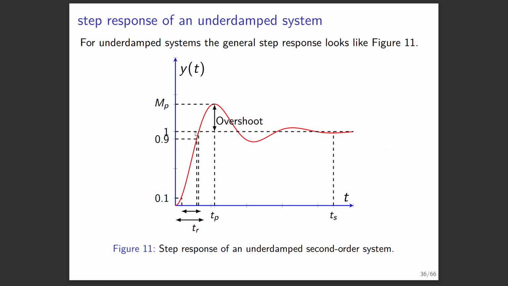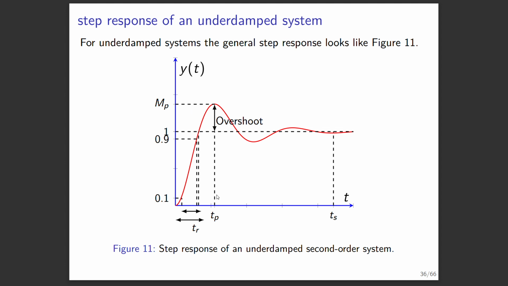Overshoot is the amount that you pass your final value or the desired value before coming back and then settling around it. I wanted to start from 0 and go to 1, but the problem is that I actually pass 1 and go up to MP and then come down. So that MP is the overshoot percentage or overshoot.